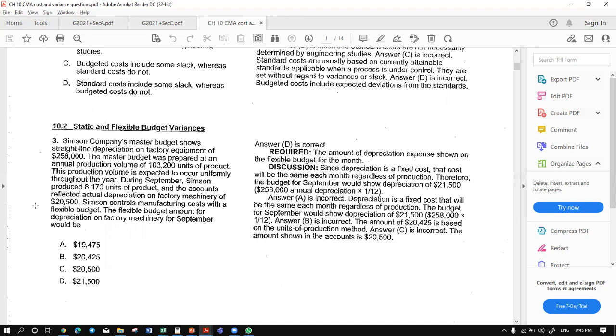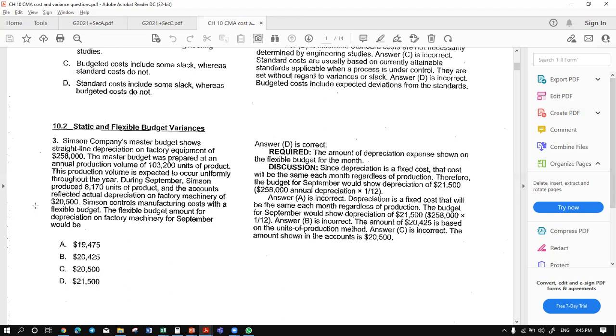The flexible budget amount for depreciation on factory machinery for September. So what will the flexible budget be now? Remember one thing: when you are preparing a flexible budget, you will flex the budget, right?